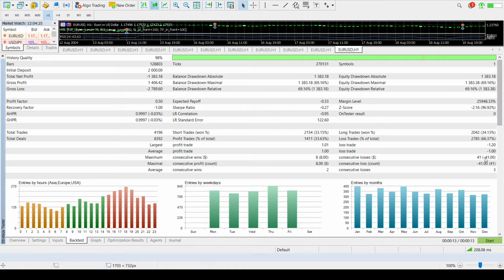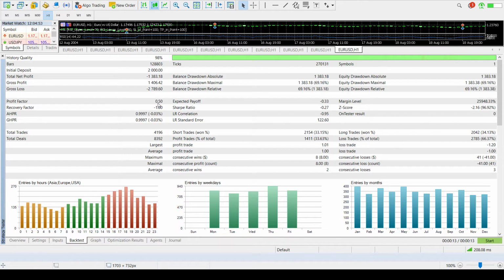At a certain time we can even have consecutive losses up to 41 times, which means using this strategy, there's one time you can even lose consecutively 41 times. And the profit factor here is about 0.5.